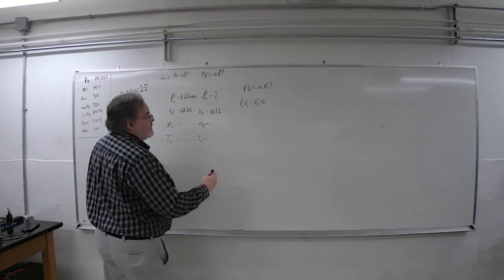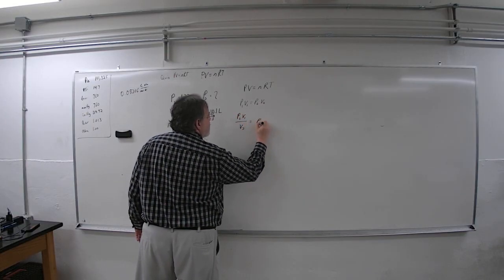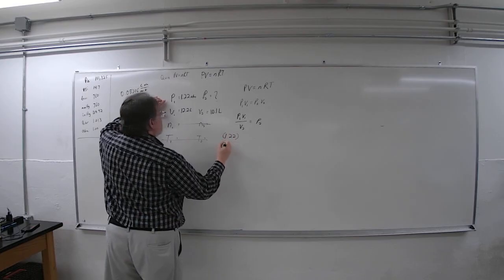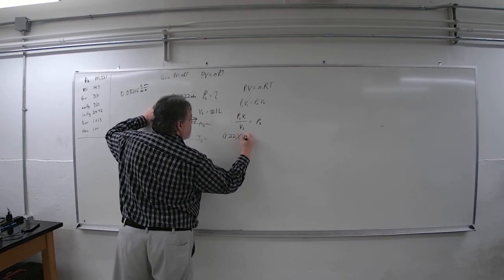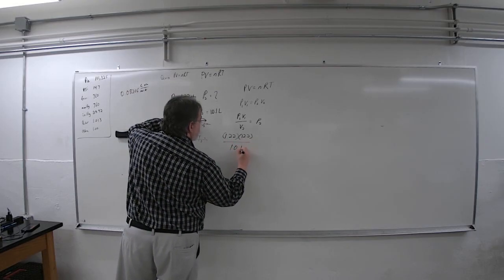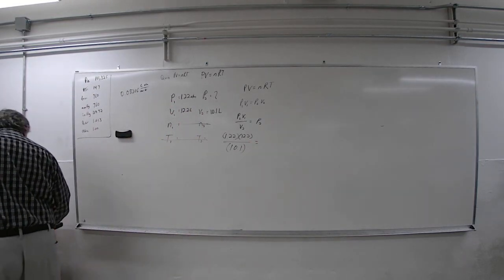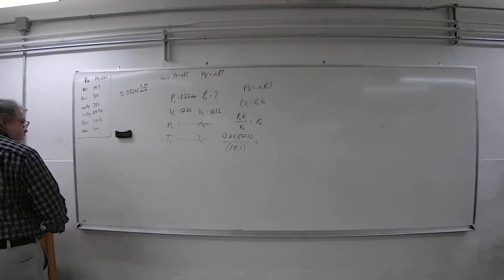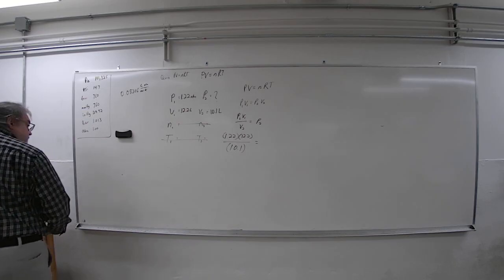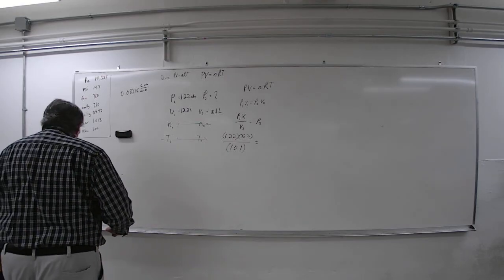We're solving for P2, so a little algebra gives me that. So 1.22 for P1, 12.2 for V1, 10.1 for V2, and that should solve it. 1.22 times 12.2 divided by 10.1 is 1.47.